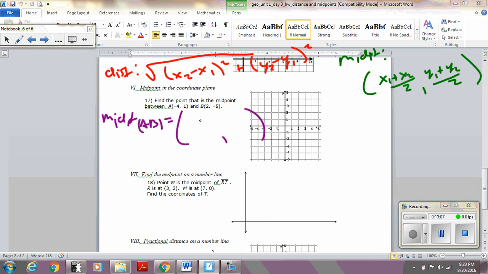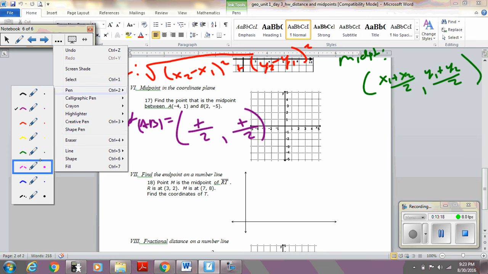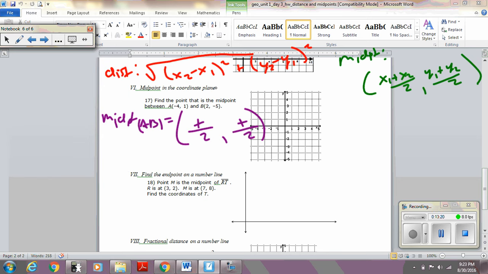Now write your skeleton out, which is the plus and the 2 twice, and then insert the numbers in the appropriate places. You have to add x's with x's. So one of the x's is negative 4, the other one is 2. So negative 4 plus 2.